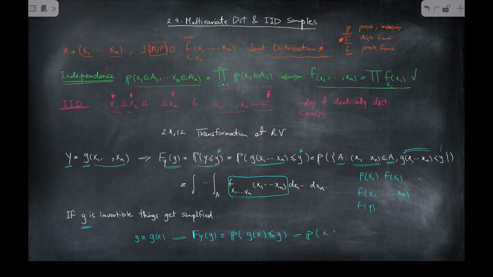It's going to be X less than g inverse of y. And because you know the CDF or PDF of X, you can compute this. So this is exactly F of X at g minus 1 of y. Okay, so if g is invertible, everything is easy. Otherwise, it's hard. You should compute this manually for every problem.